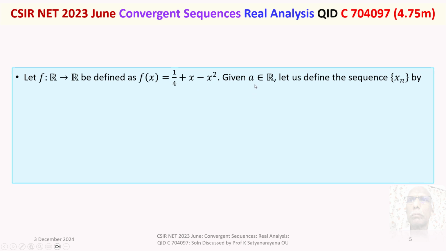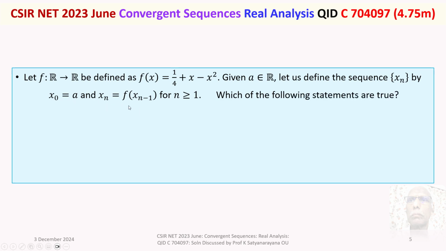Given a belongs to R, a real number, let us define the sequence xn by x naught is equal to a and xn is equal to f of xn minus 1 for n greater than or equal to 1. Which of the following statements are true?